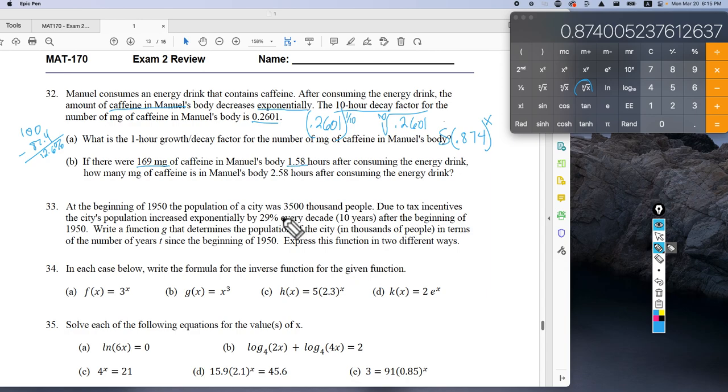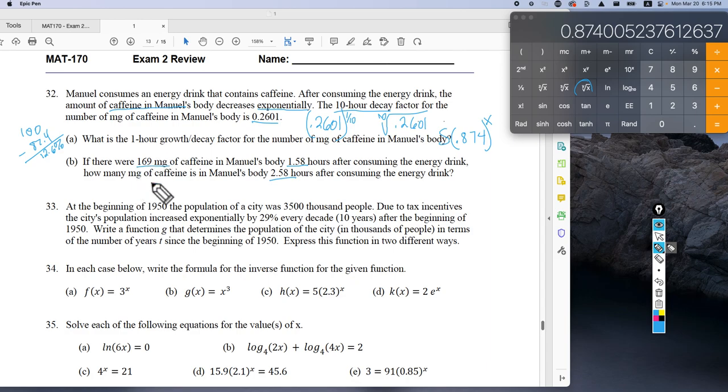Now, to answer the second question, we're told that there was 169 milligrams in his body 1.58 hours after the energy drink. So how much would be in his body 2.58 hours after consuming the drink? There's two steps here.